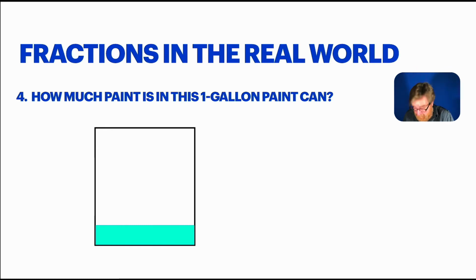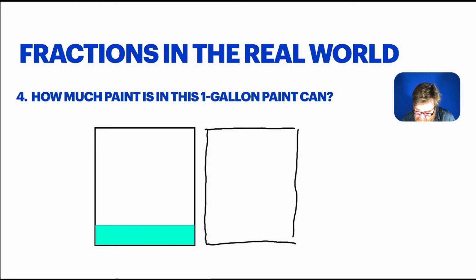Well, let's do the same thing. I'm going to redraw the container, so I don't draw on the figure itself. And let's divide that one up. All right, you know what? I'm going to try fifths again. Seemed to work as a nice first step in the last problem. Let's do fifths.